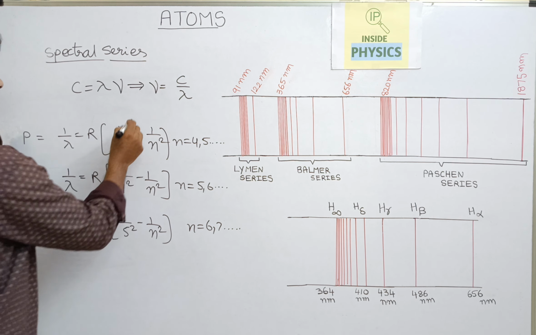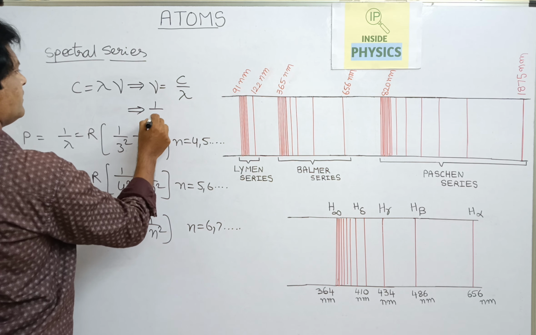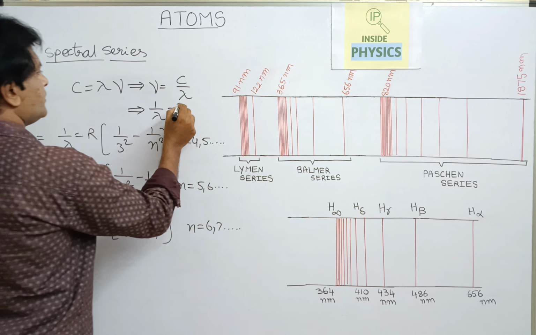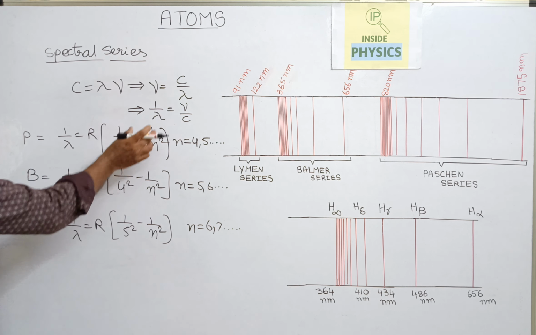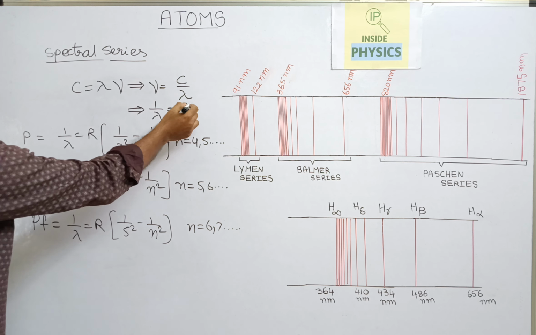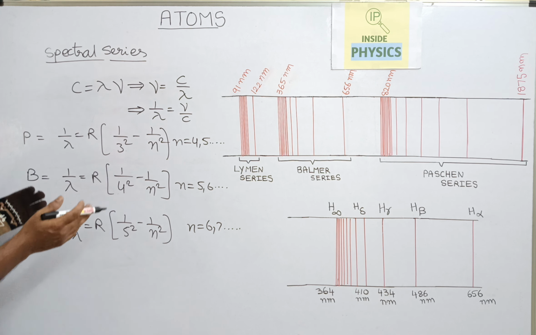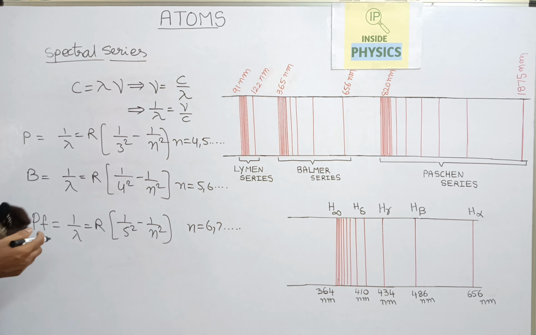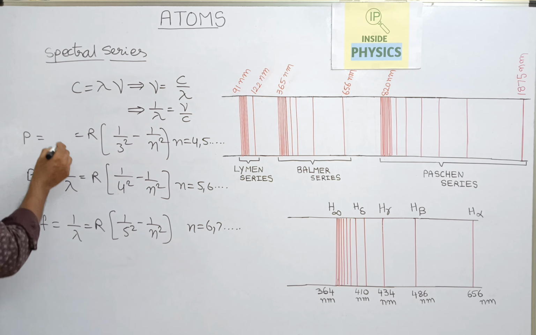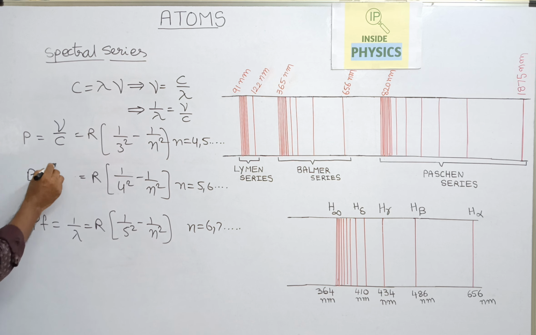This implies 1 by lambda is equal to nu by c, where nu is the frequency of the radiation in the spectrum. If you replace 1 by lambda with nu by c, then you can get the relation between frequency and the spectral lines.